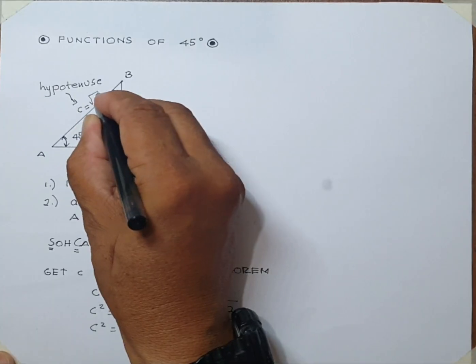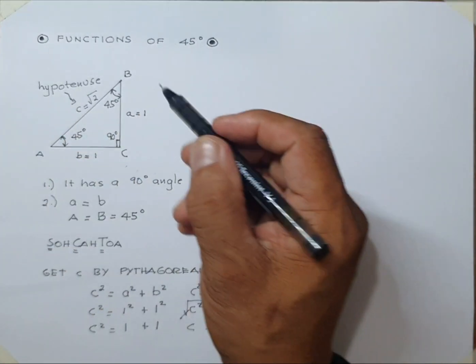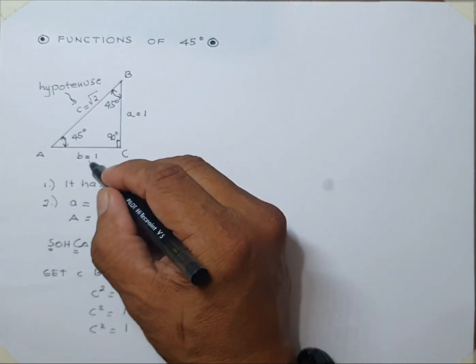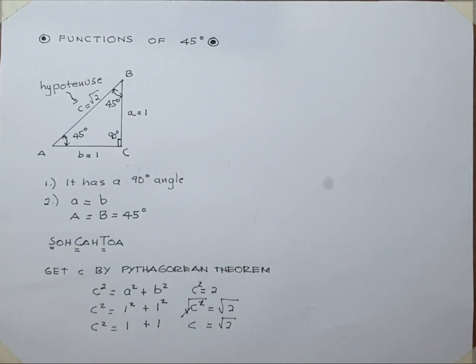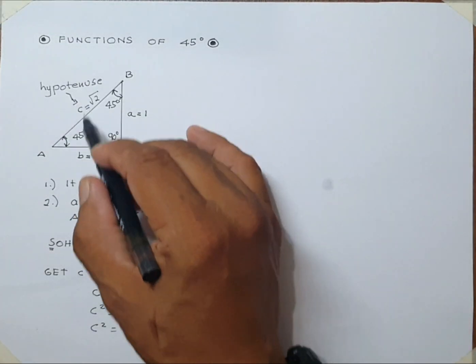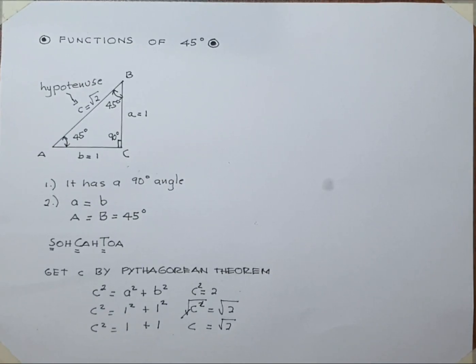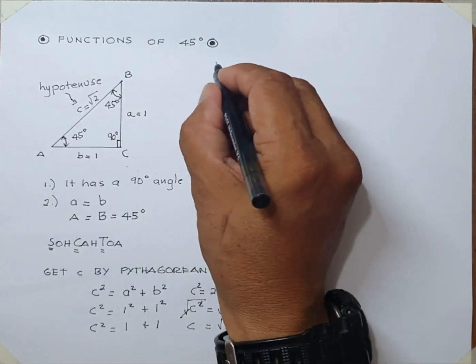So we now have a value for the hypotenuse. When A and B are equal to 1 unit, then C is equal to square root of 2. Since each of the sides of the isosceles right triangle is already known, we are now ready to get the trigonometric functions.